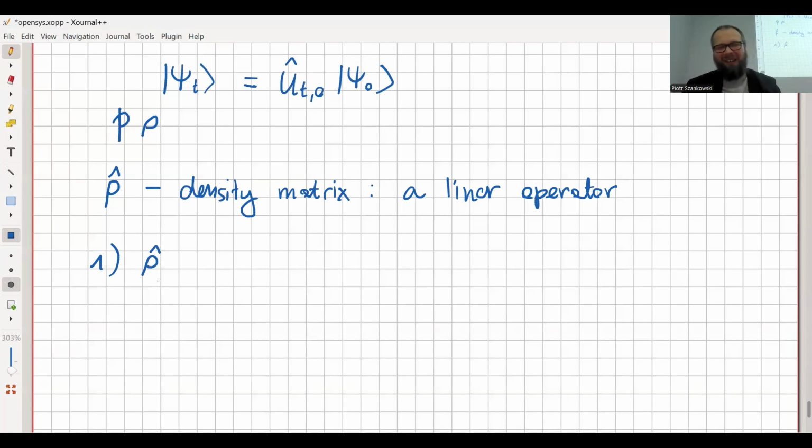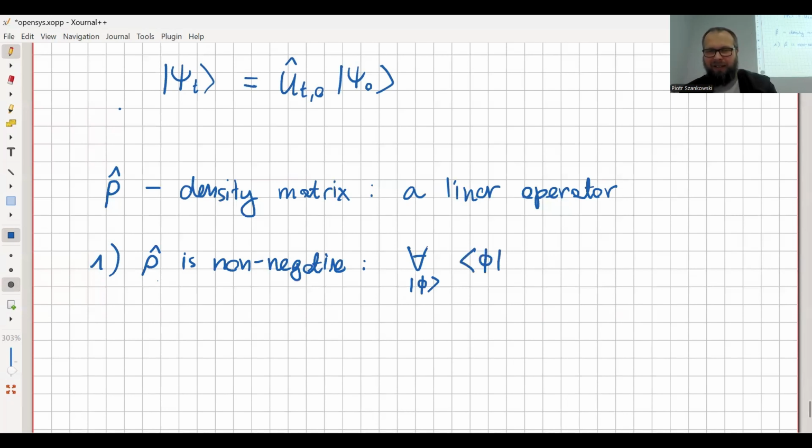Okay, I'm sorry, I don't know how to write it prettier. So rho is non-negative, or positive semi-definite if you want to be fancy. What it means is that for every ket that you can come up with, if you take the average value of rho, it has to be a non-negative number, okay?